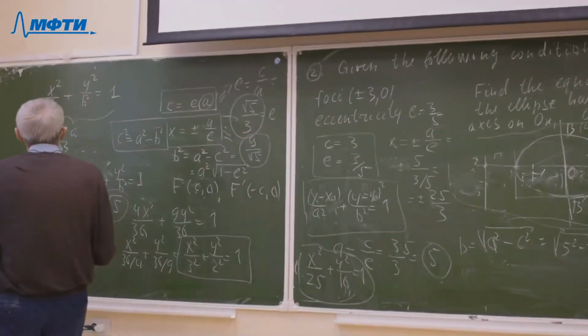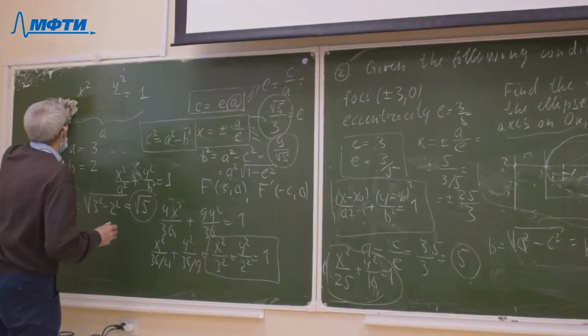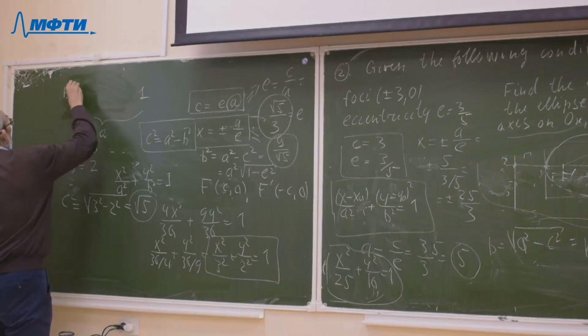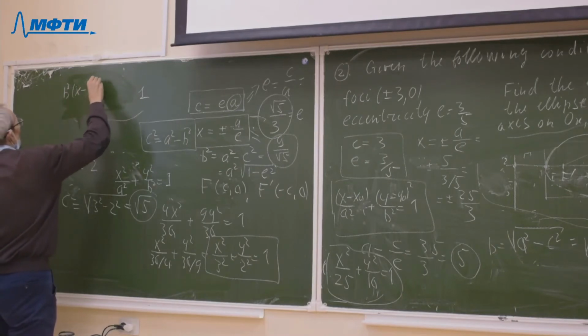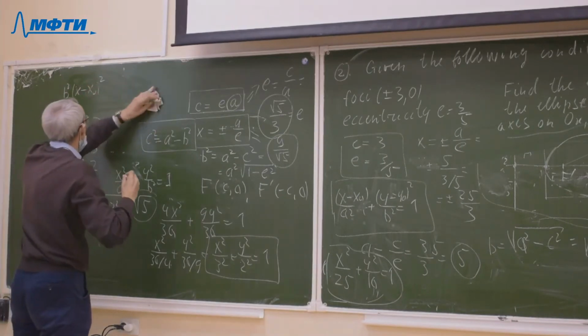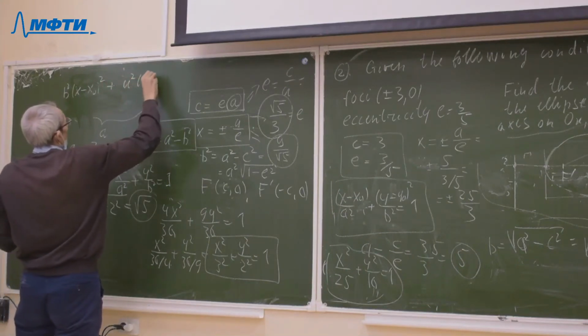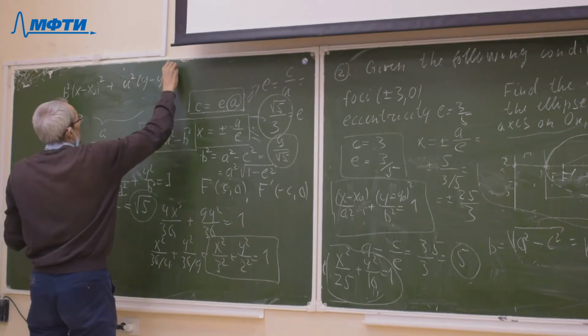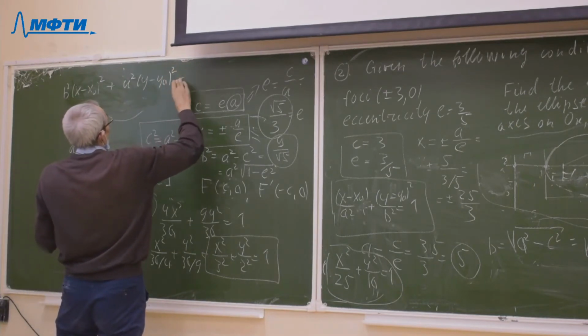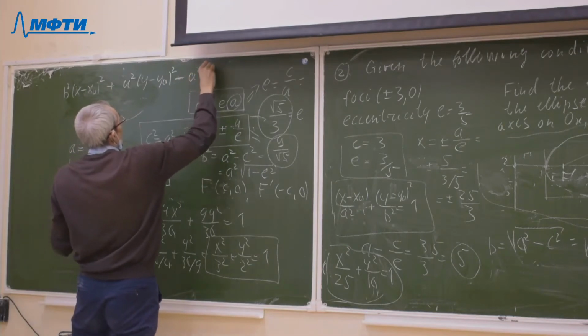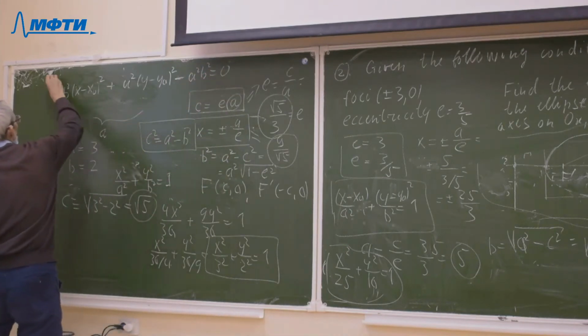For example, we obtain the equation b square times (x minus x0) square plus a square times (y minus y0) square minus a square b square is equal 0.